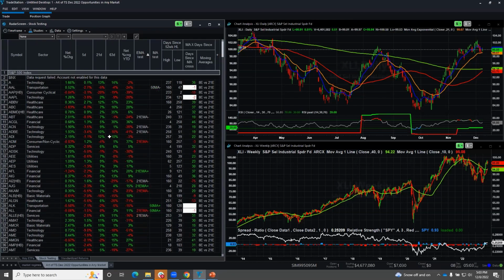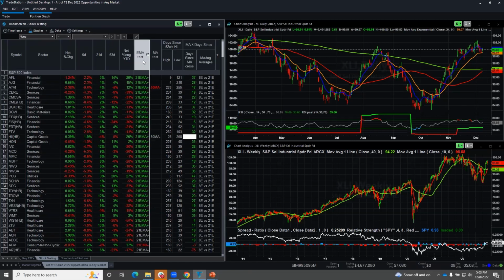So this allows us now to dig through the entire S&P 500. Some of the things here that I just want to very quickly do is to show the stocks that are also doing certain technical things that might be of interest. So we can see here, for example, stocks that have pulled back to hit the 21-day moving average.